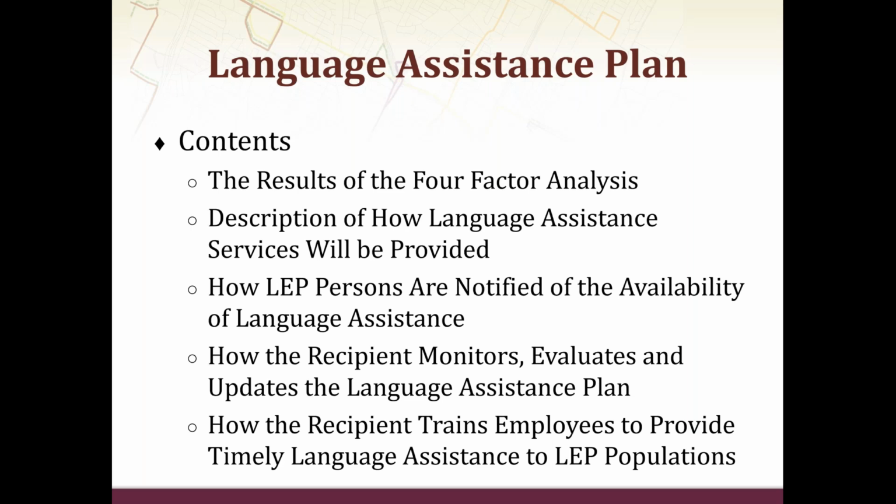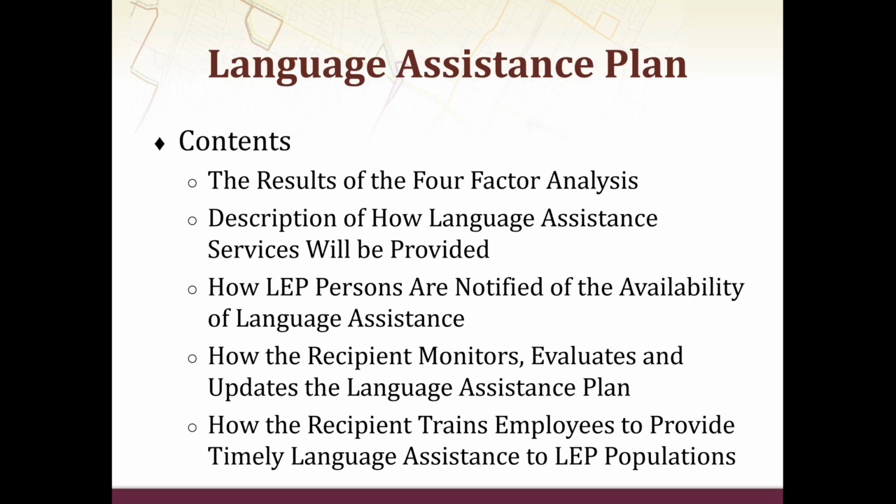Going back to the four-factor analysis, we are looking at the availability of outreach versus the cost of outreach. You could have a Title VI notice on your bus for Spanish, but you can't have one for 50 different languages. There's only so much room on the bus. So if there are going to be differences in how you address languages, those should be included in your language assistance plan.